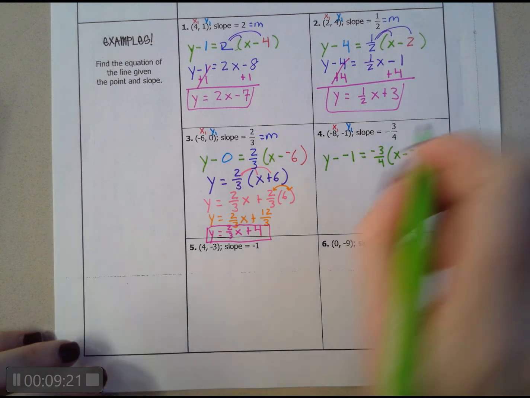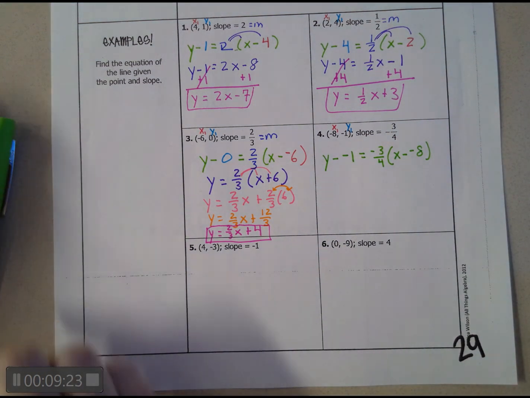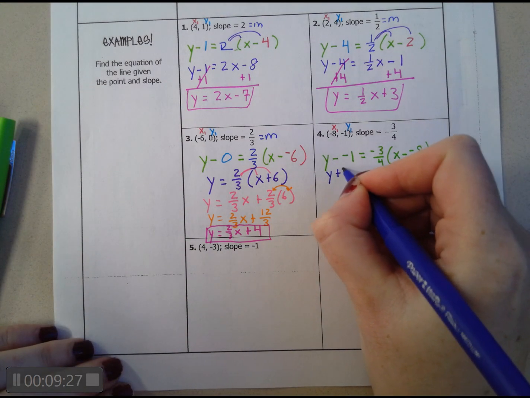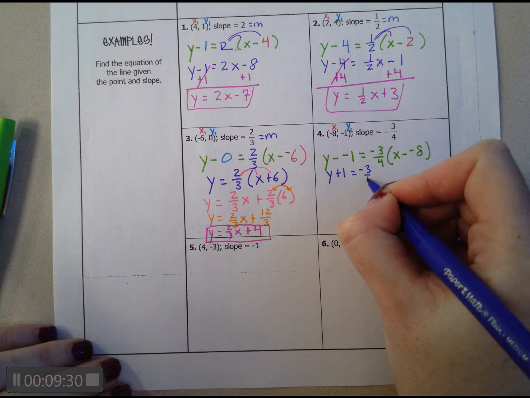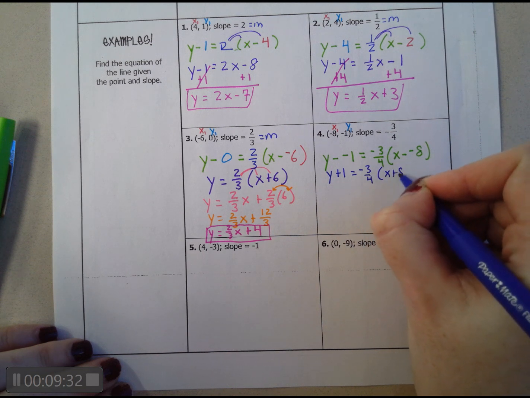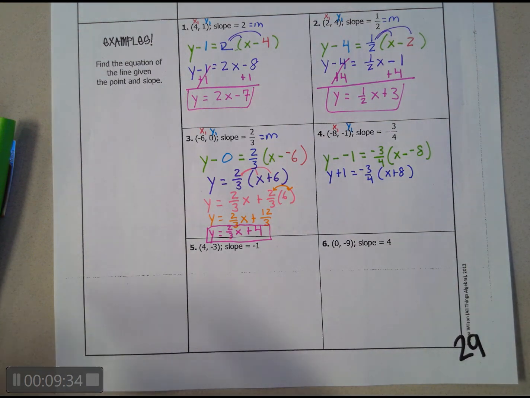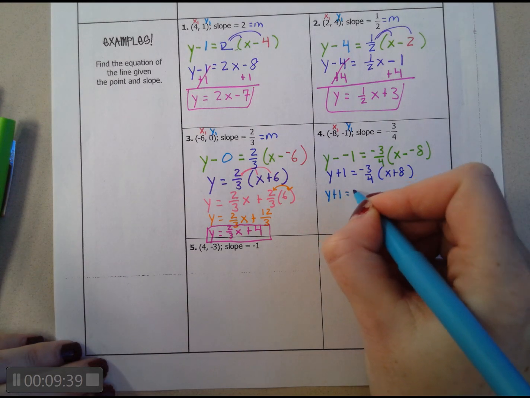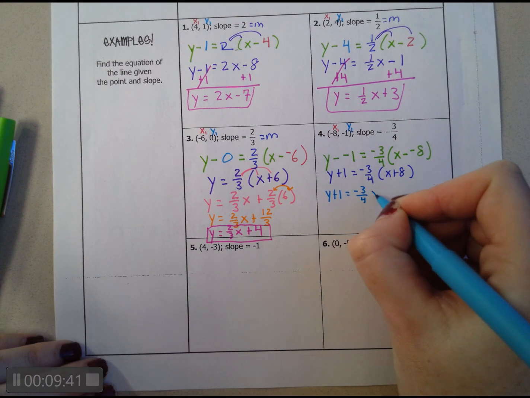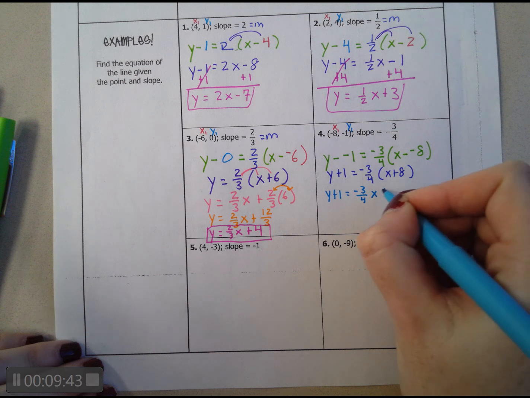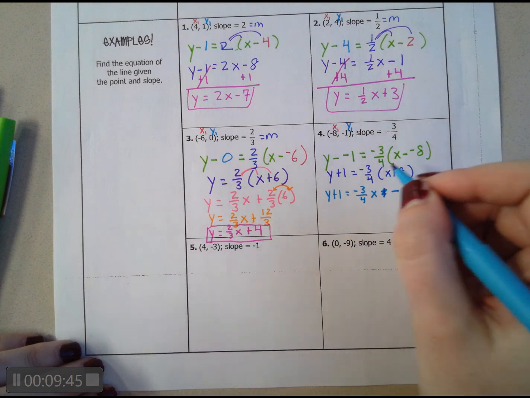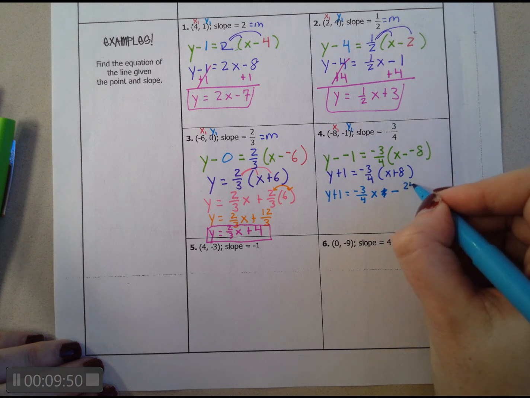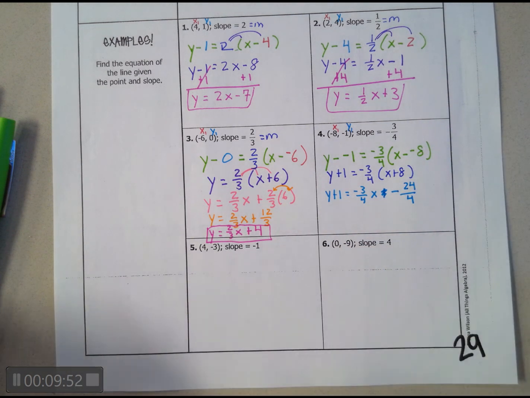Okay, I'm going to go ahead and change all of my minuses to pluses. And then I'm going to distribute my 3/4. Whoops, this is supposed to be a minus because of that minus right there. So -3 times 8 is going to give me -24 over 4.